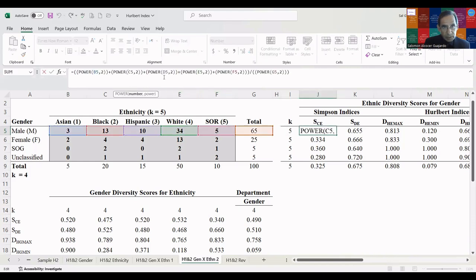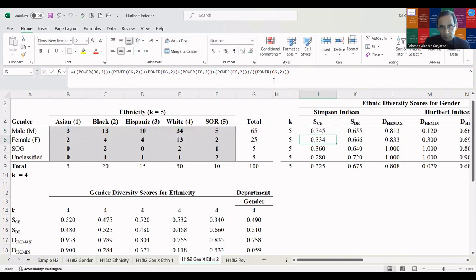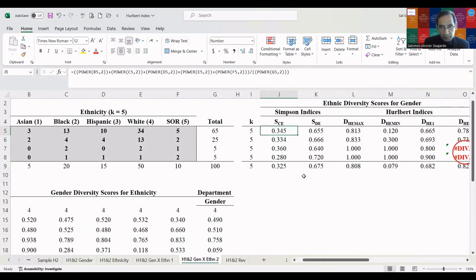Again, I use the power function in Excel. I'm going to get the product of each frequency squared, and then I'm going to divide that by the total number of individuals squared, so it's going to be 65 times 65. So that gives me a concentration score of 0.345 for males by gender.